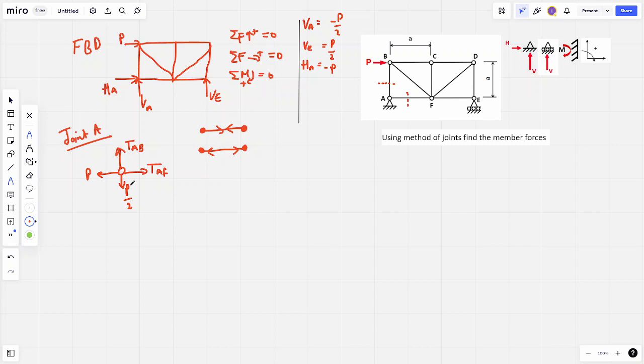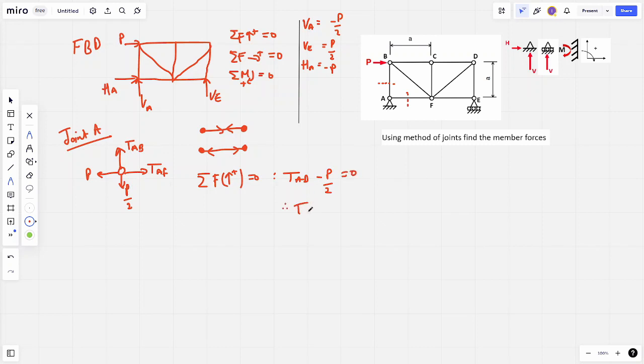If we look at this, we've only got one reaction force in the horizontal direction and in the vertical direction. So we can say that the summation of forces going up is equal to 0. Therefore, TAB minus P over 2, as it's going down so it's negative in this case, is equal to 0.